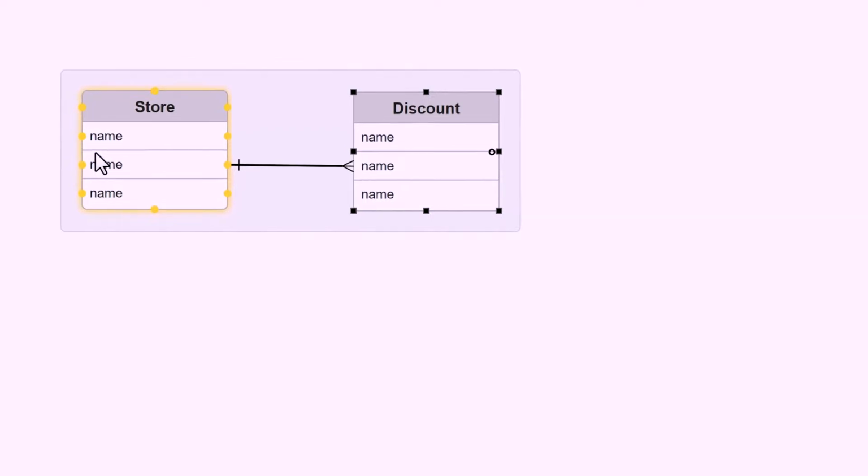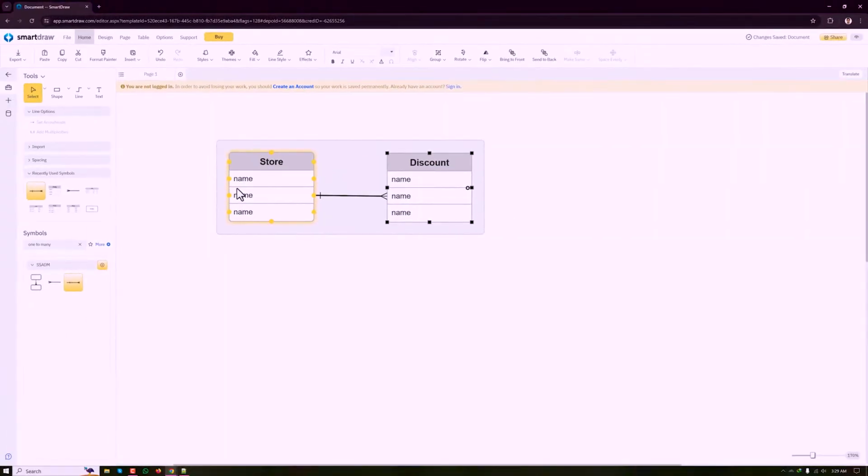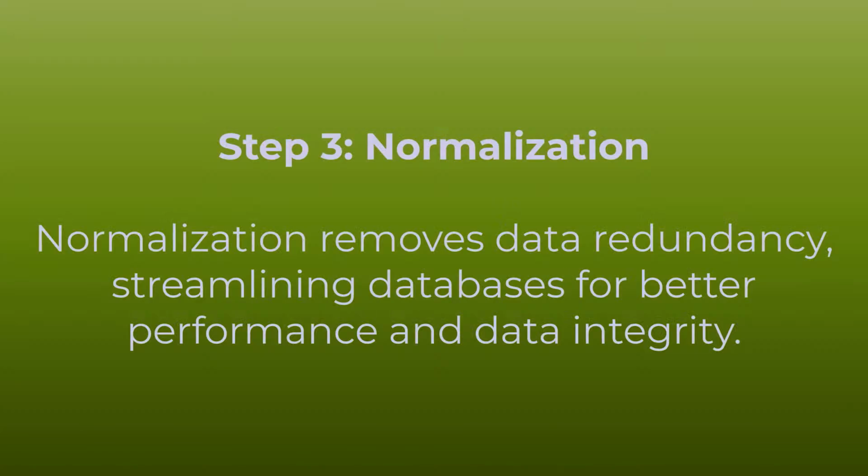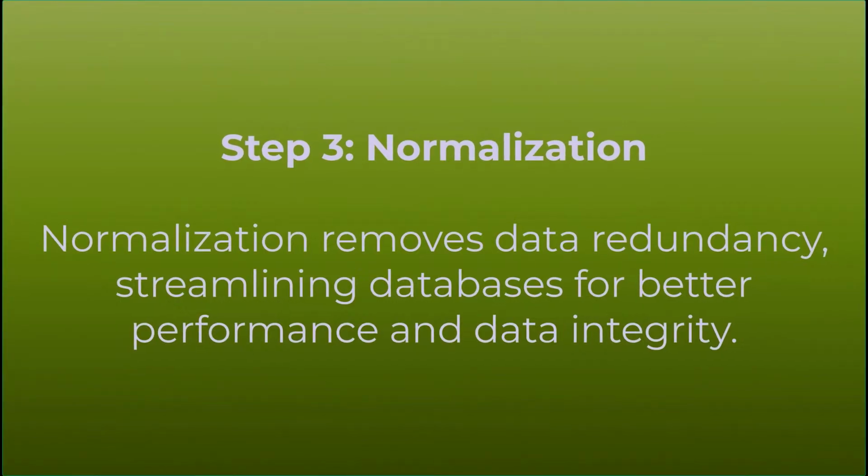Once we have discovered our entities and the relationship, the next step is normalization. What is normalization in a database, if you don't already know? Normalization is used to minimize redundancy from a relation or set of relations. Normalization has different forms like first normal form, second normal form, third normal form, and many more.